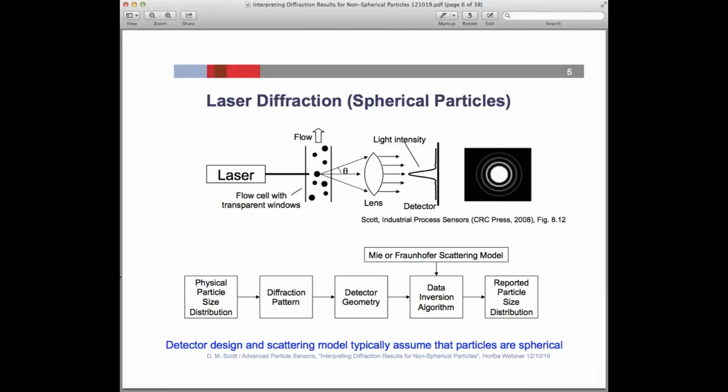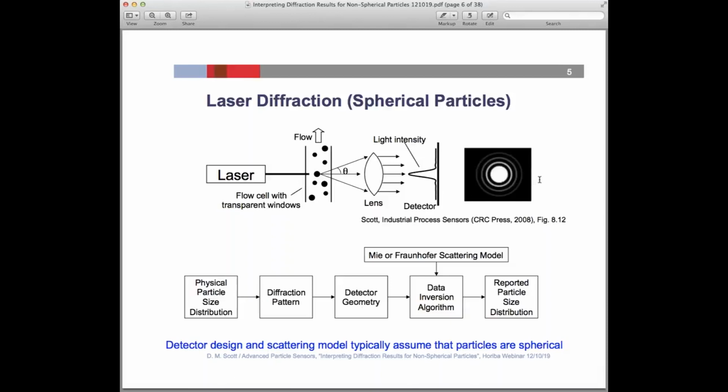And now the flow diagram down here is basically showing in further detail. You start with a physical particle size distribution. That means the thing that's physically there. You create this diffraction pattern, which is then interpreted by the detector geometry. So in other words, we're taking that pattern, which is shown up here, the black and white picture.